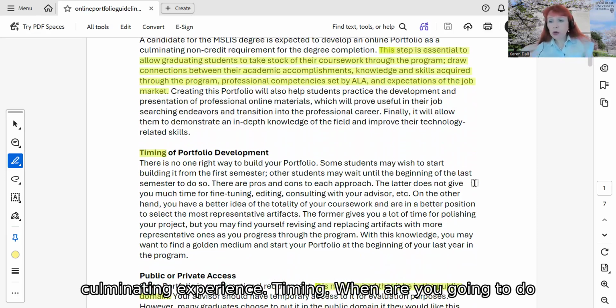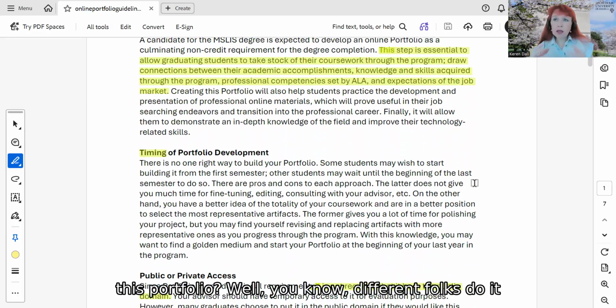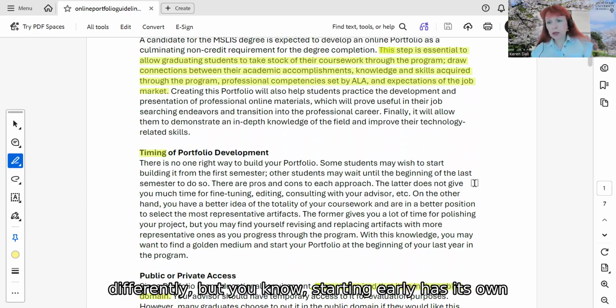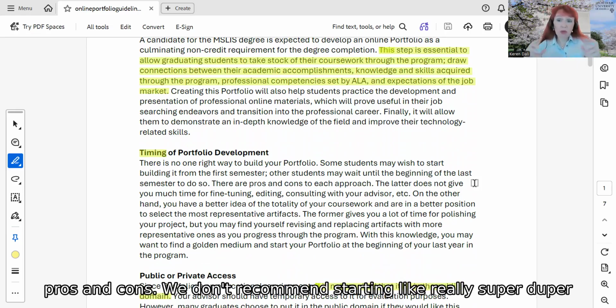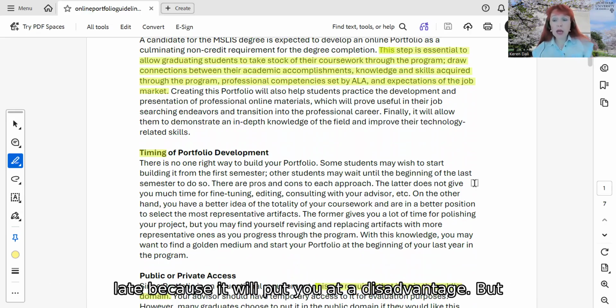Timing. When are you going to do this portfolio? Well, different folks do it differently, but starting early has its own pros and cons. We don't recommend starting really late because it will put you at a disadvantage.